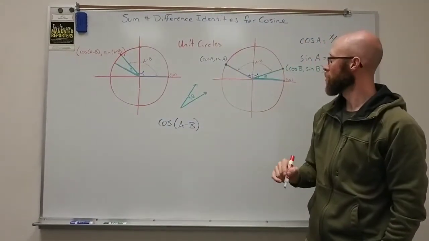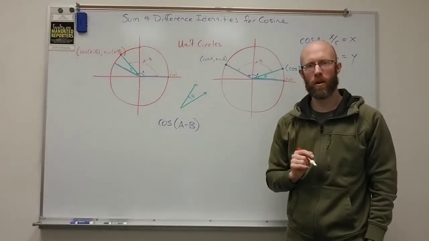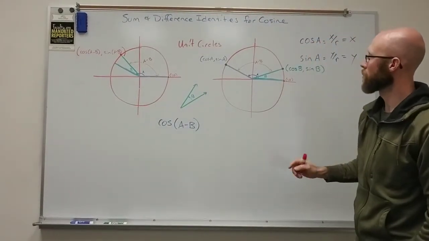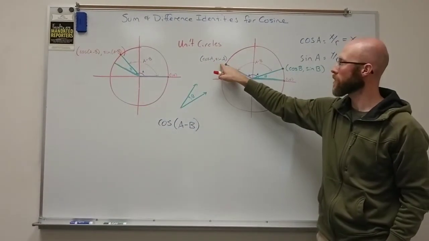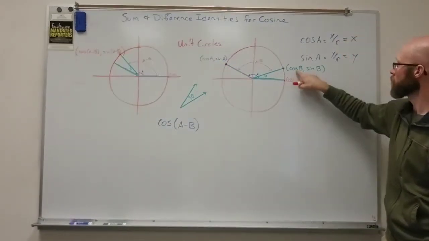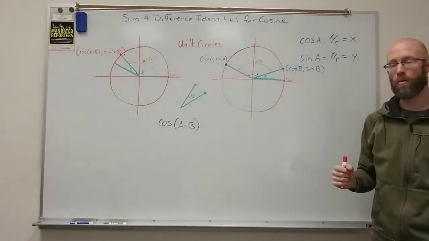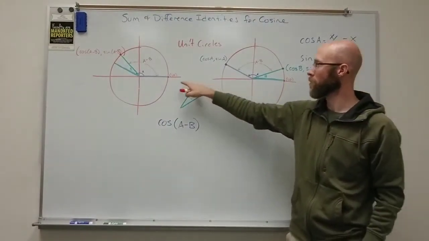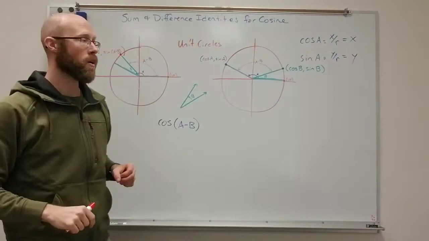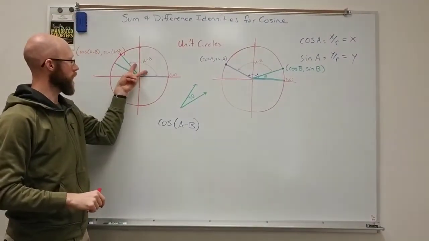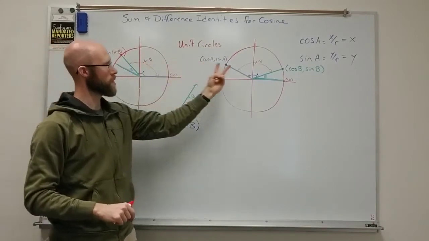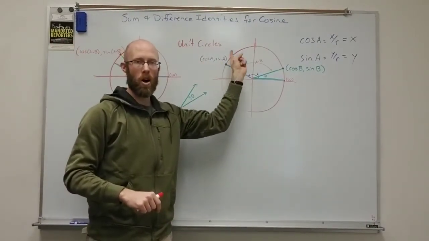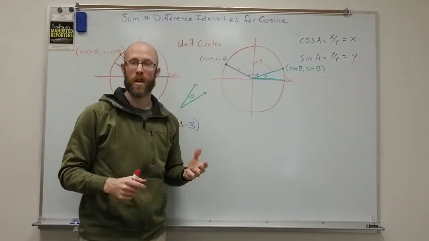Okay, so those are three very important points. Cosine of A minus B, comma, sine of A minus B, cosine A, sine A, cosine B, sine B. Three points, plus it's also this point 1 comma 0. Now, what's interesting is because the angle A minus B is the same here on the left as it is on the right, the arc length is the same.